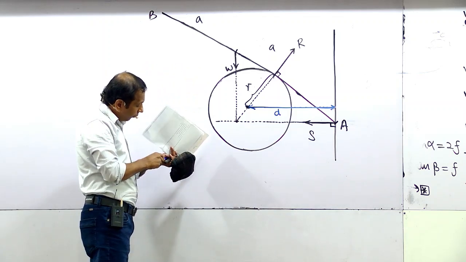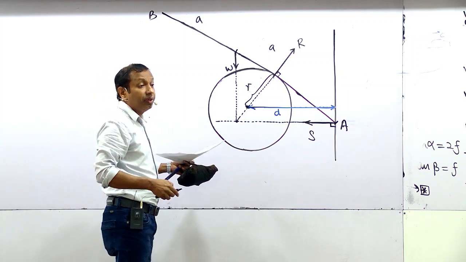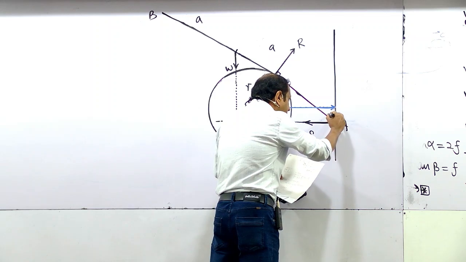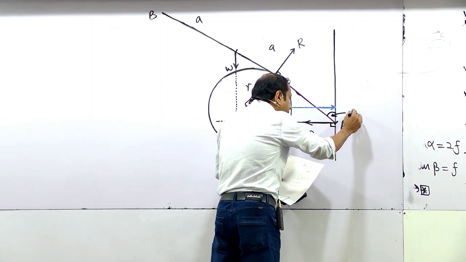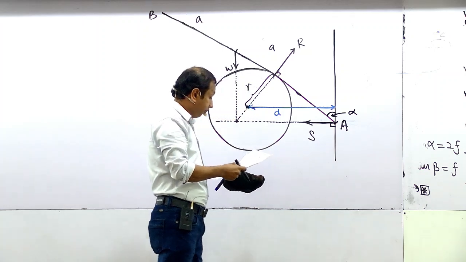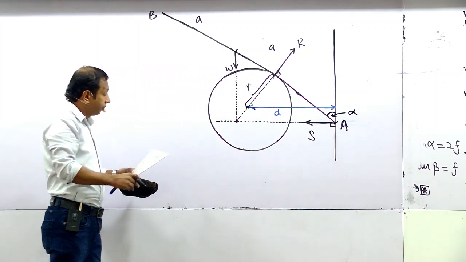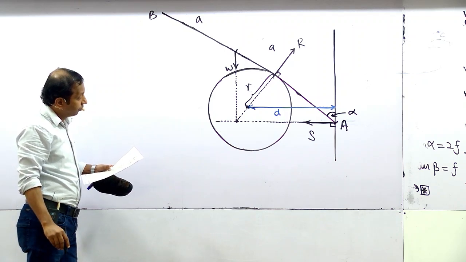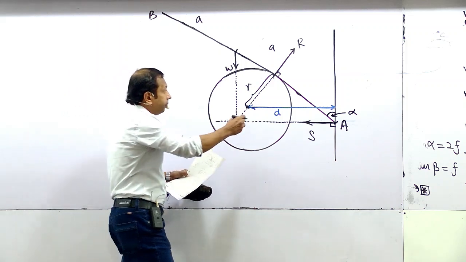And also, the angle the rod makes with the wall is given as alpha. This is alpha. Here 90.